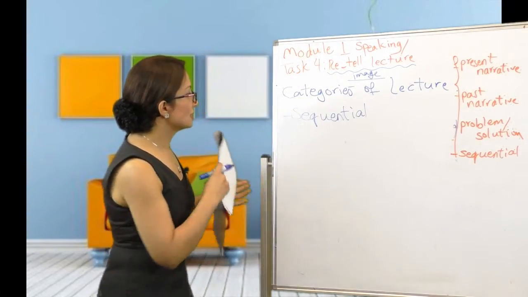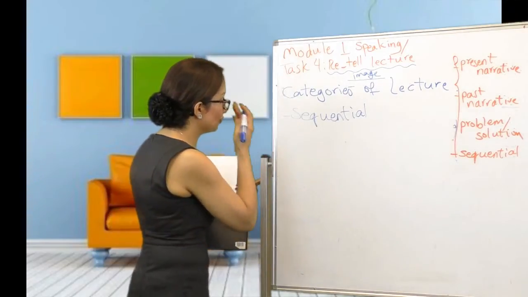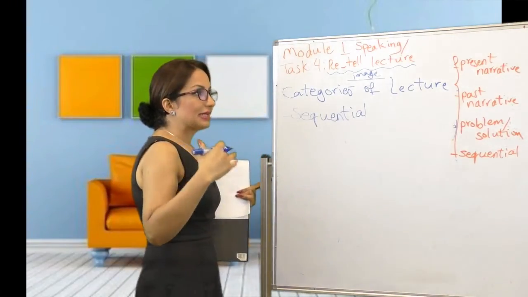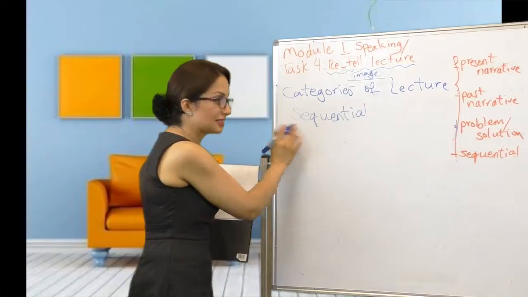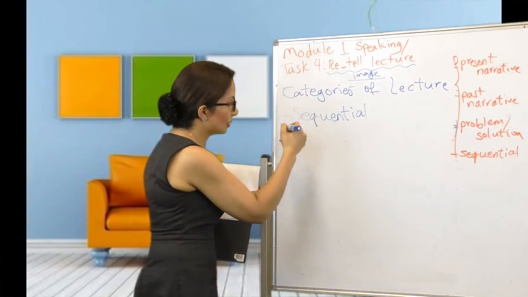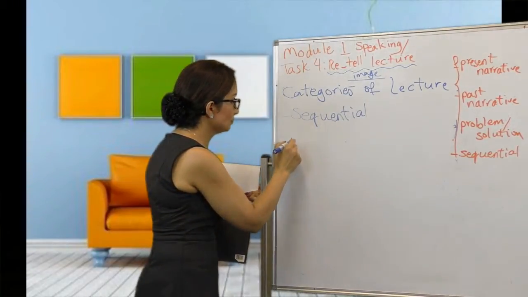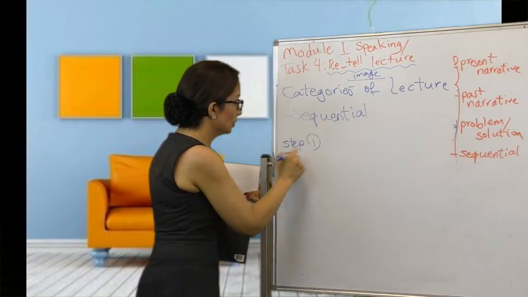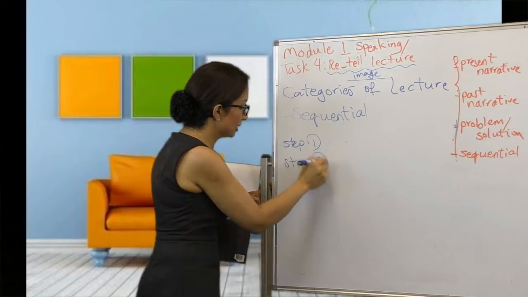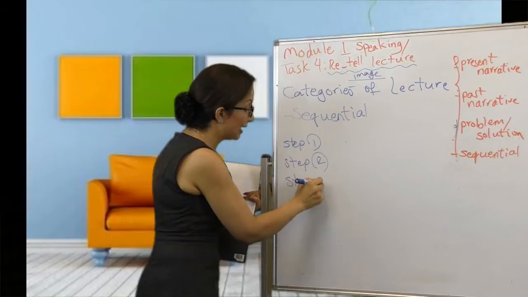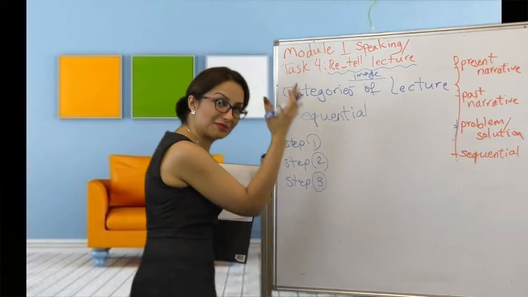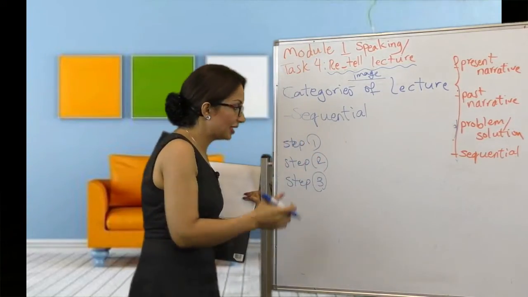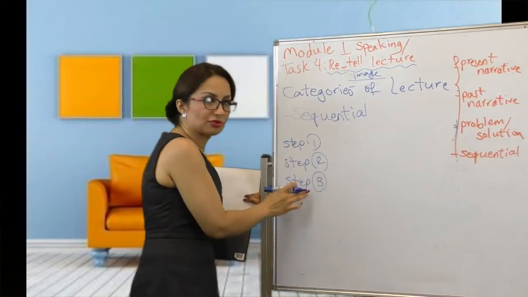When it comes to sequential category, what is really important is that in most of the lectures with this category, there are 3 points. So step 1, step 2, and step 3. And you must present them in the correct order. You cannot jump from step 1 to step 3 and 2.